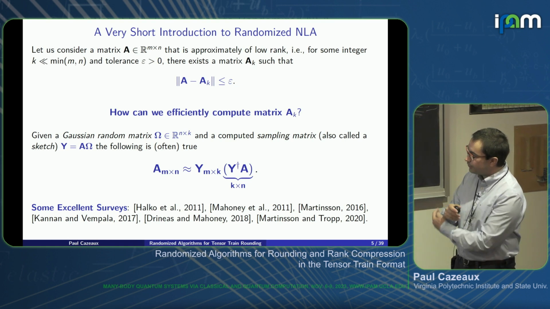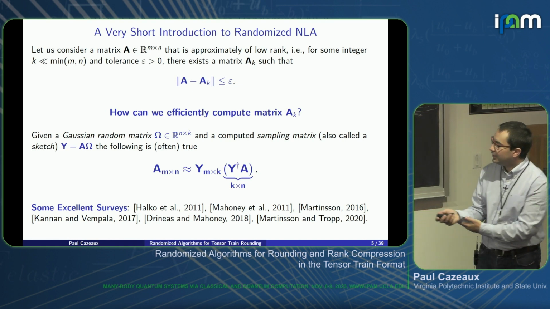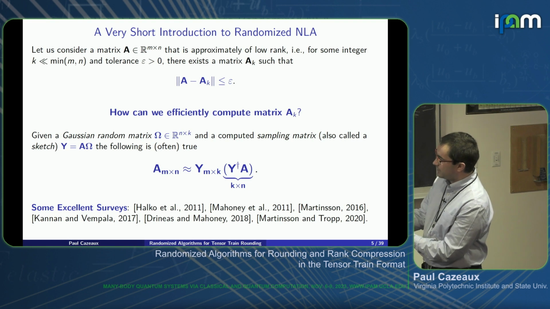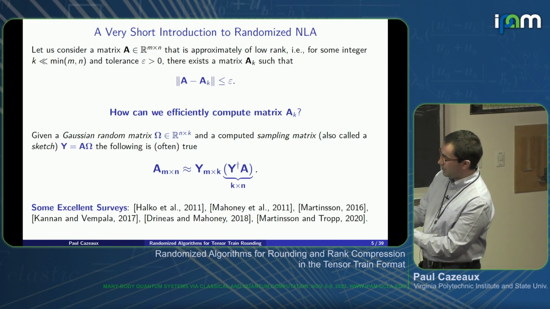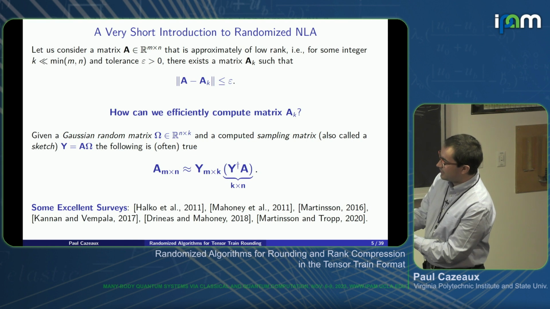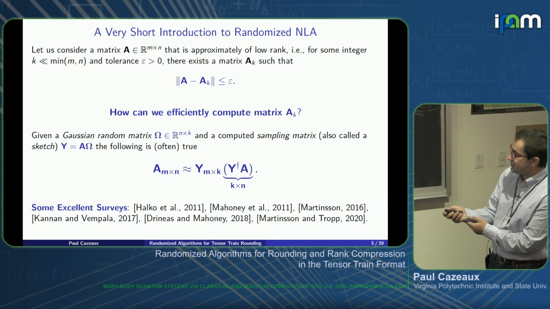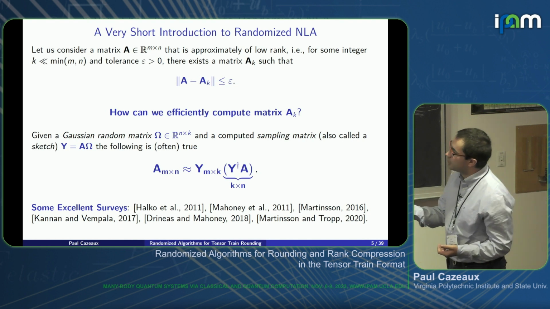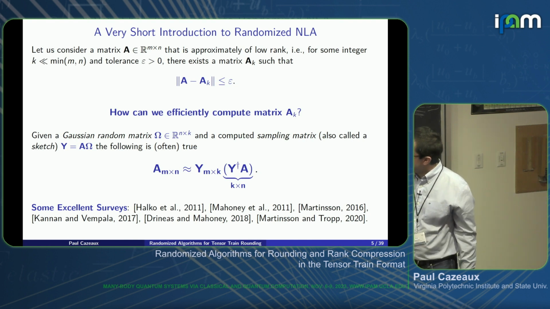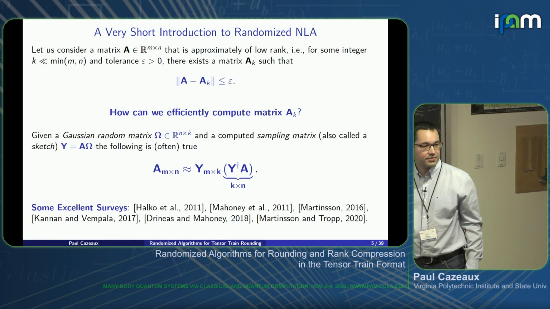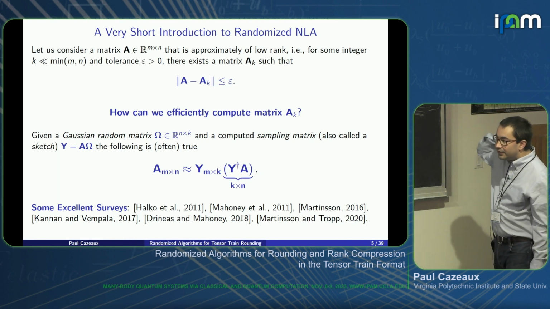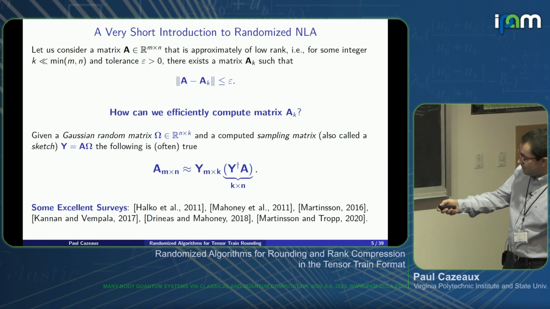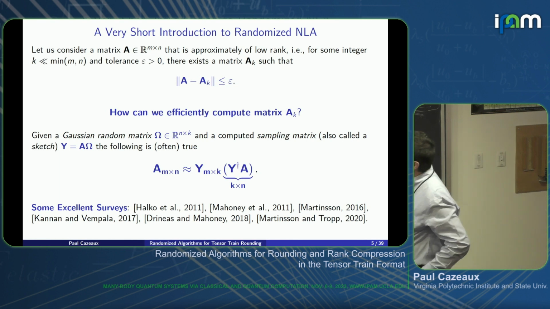Then it's often true that we can reconstruct the full matrix by taking the following product. We have Y, the sketch that we just computed, which has size m by k, so it's much smaller than the original matrix. And then this second piece over here with the pseudo-inverse, Y dagger in this case, of size k by n.